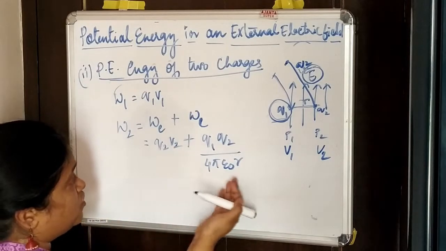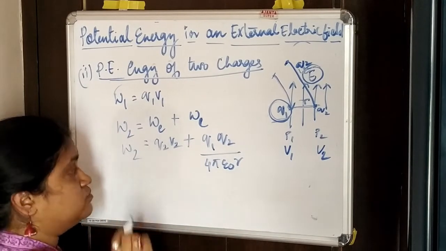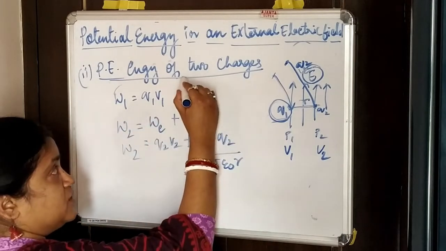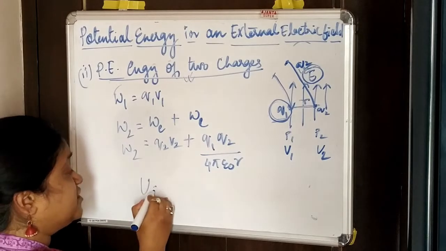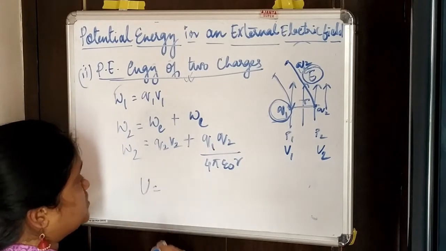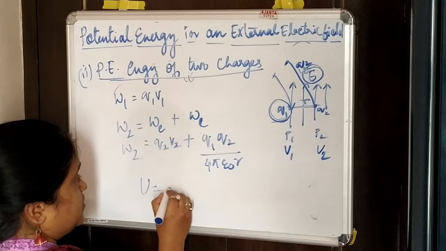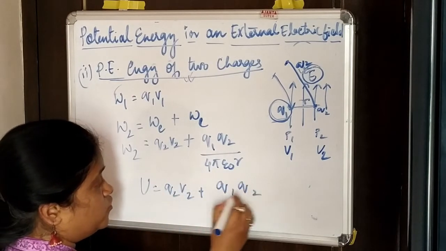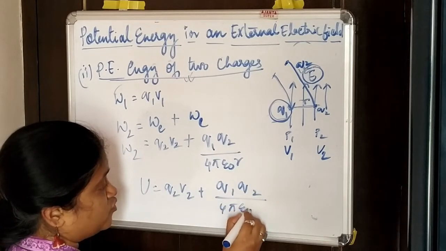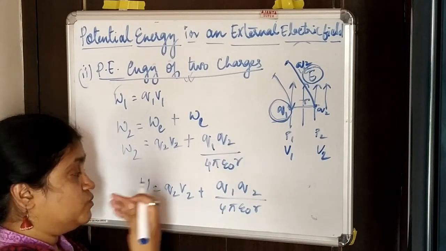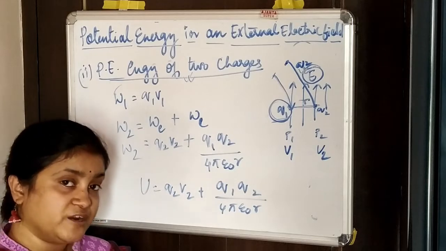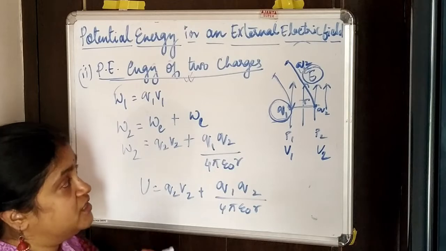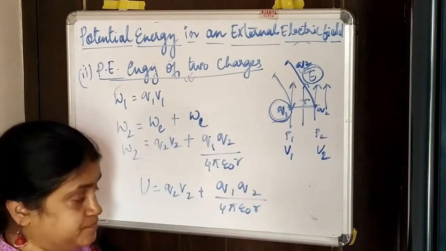So here we have talked about the two charges, and therefore the potential energy of the second charge will be Q2 V2 plus Q1 Q2 by 4 pi epsilon naught R, right? In this way you can add on all the potential energies due to the multiple charges.